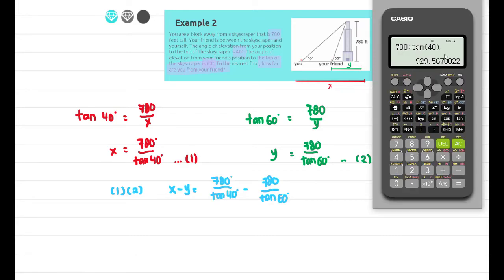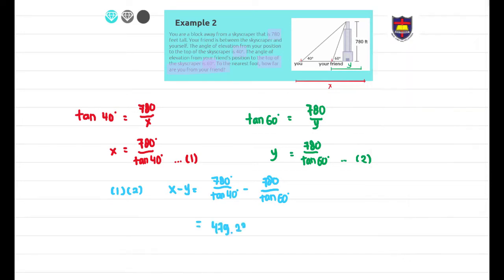This is 780 divided by tangent 40, which is this one. We will subtract 780 divided by tangent 60. The result is 479.23. So this is the distance between you and your friend.